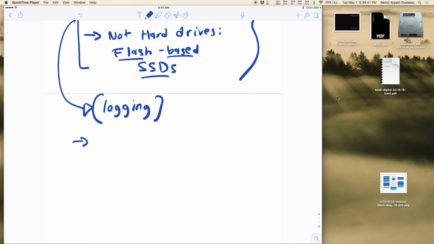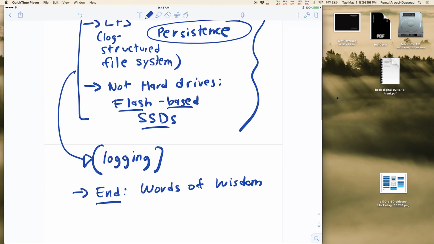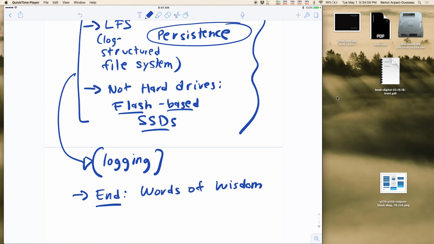Then we will have the end part of class. We will just try to end today with, what should we end with? Words of wisdom, I suppose. So what does that mean for you? That means the ending sounds great, and you hope I skip through all this other stuff more quickly. For me, it means between now and the end of class, I need to come up with some words of wisdom.